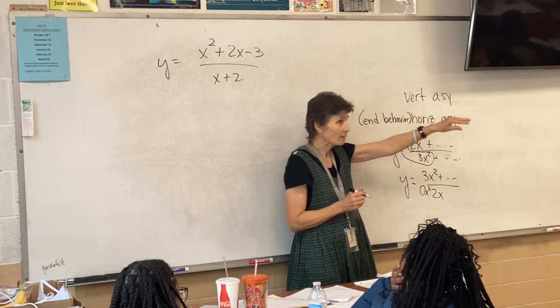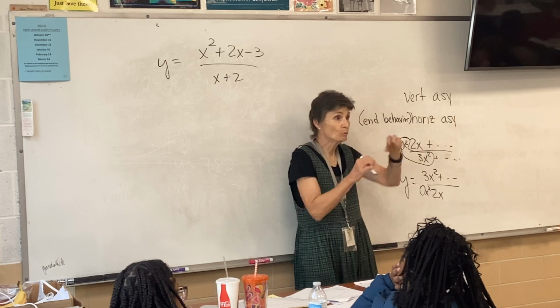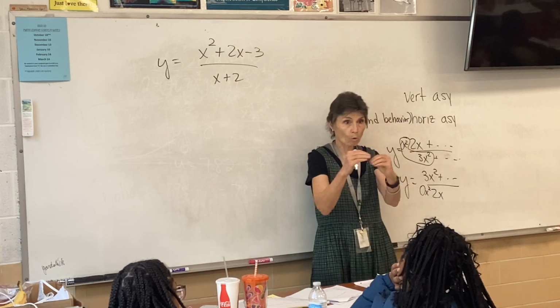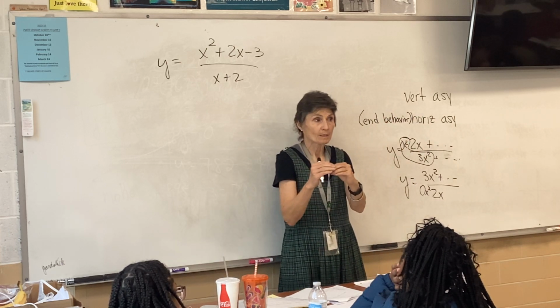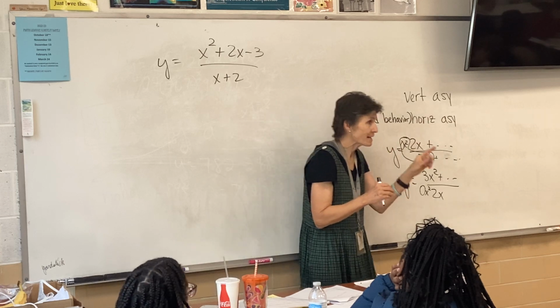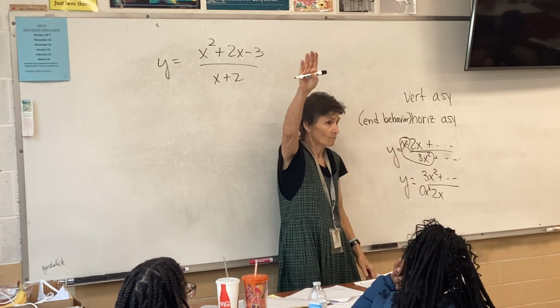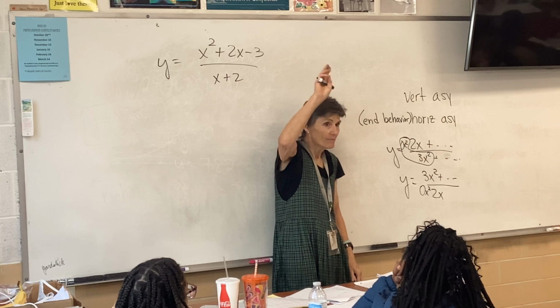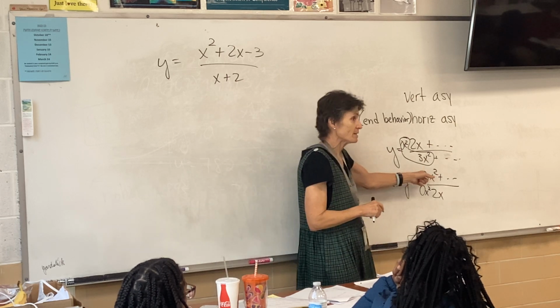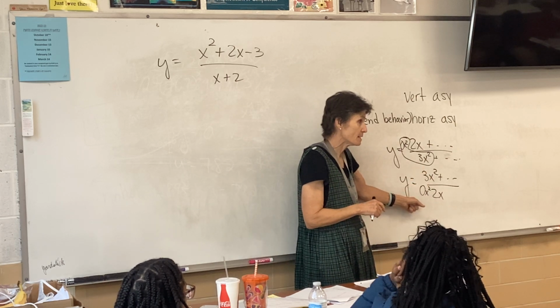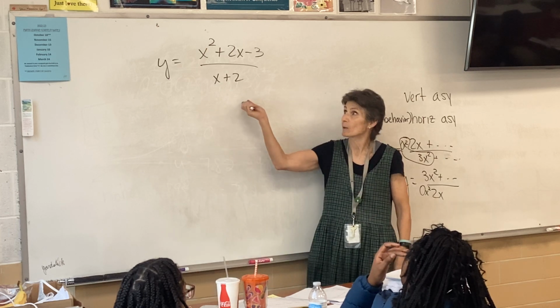And in fact, back when we did this in chapter 1, you literally wrote no horizontal asymptote. But there is an asymptote. It's a slant. And remember we were talking about that? That happens when the top power is bigger than the bottom, which is the situation we have here.